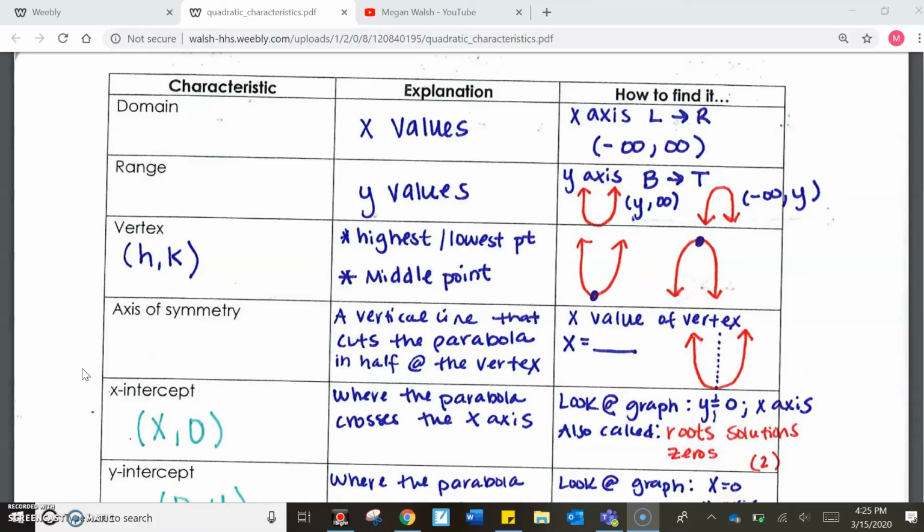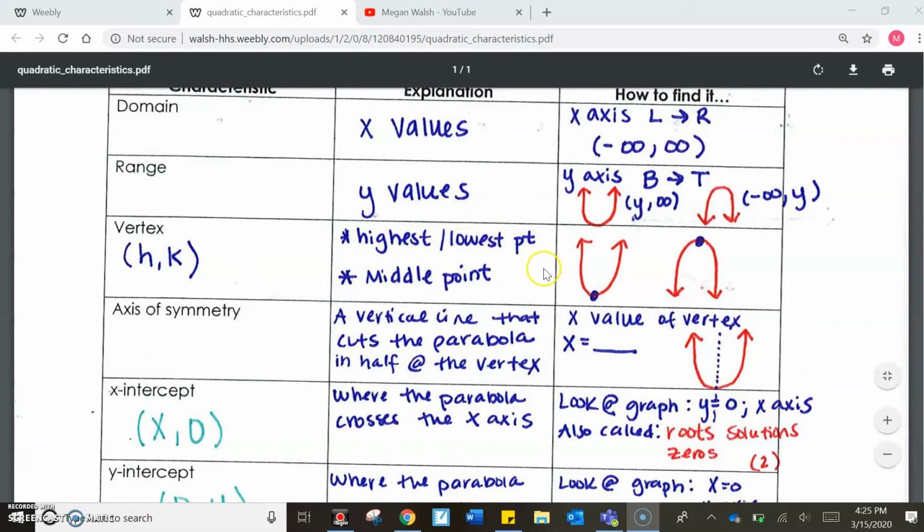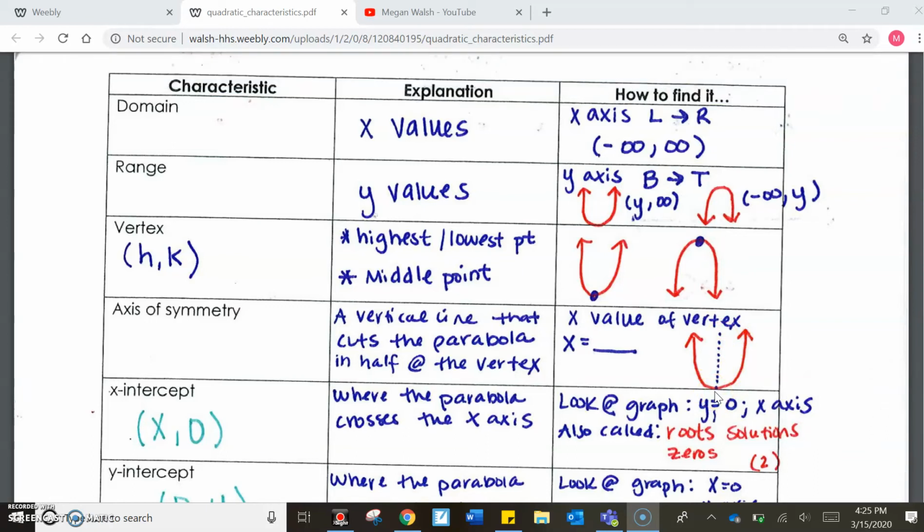Okay, the next characteristics that I give you examples of on page 12 are going to be 3 things: your vertex, your axis of symmetry, and a maximum and a minimum. Well, your vertex is the highest or the lowest point found on your parabola, and it's always going to be the point that's in the middle. The axis of symmetry is an imaginary line that cuts your parabola in half. When it cuts it in half, it's a vertical line, and we know that vertical lines are written as x equals.